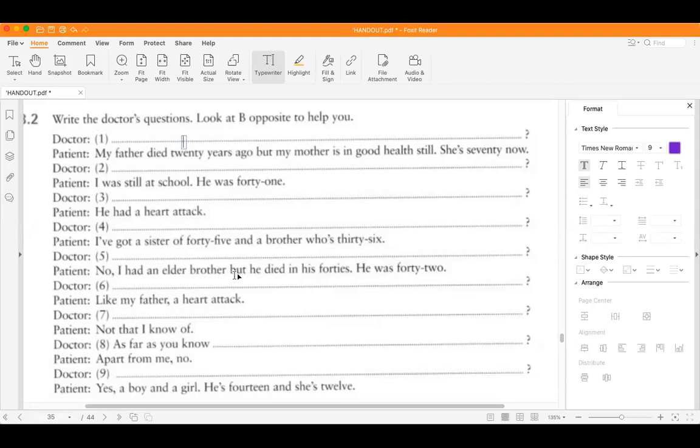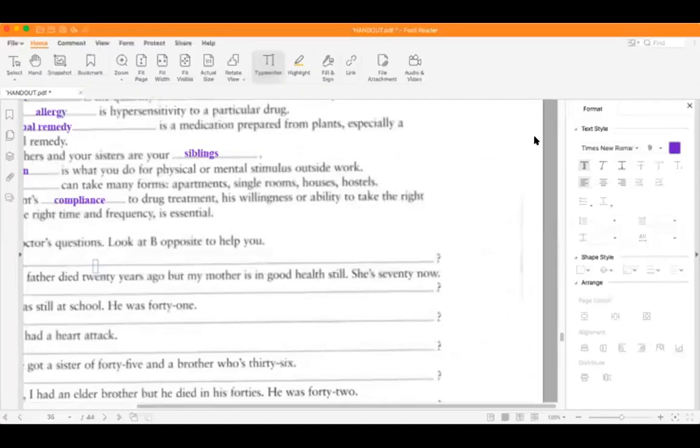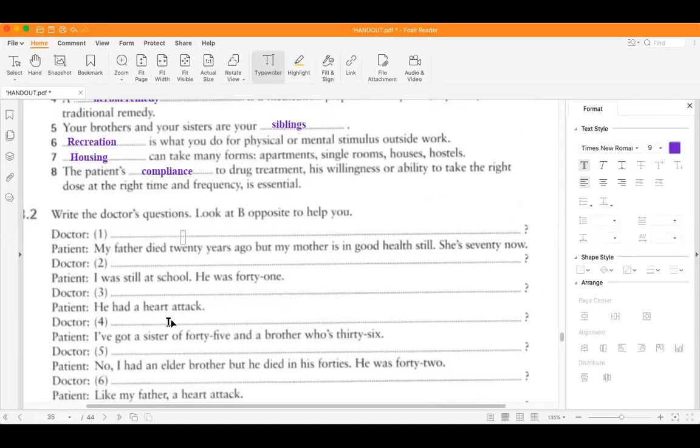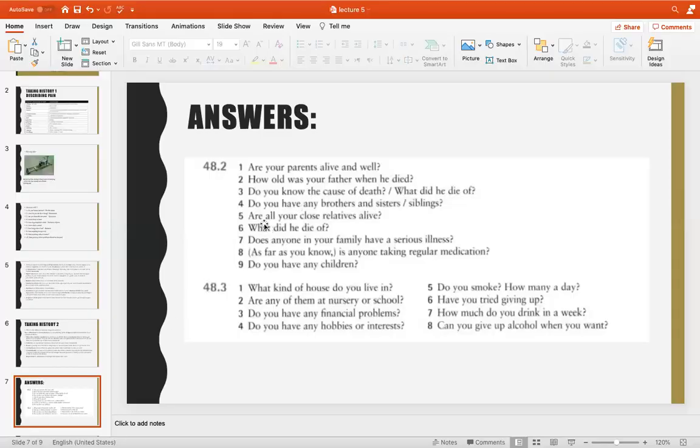No, I had an elder brother, but he died in his 40s. He was 42. So the question is, are all your close relatives alive?